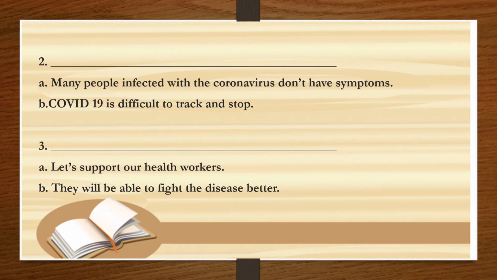For number 2, letter A: many people infected with the coronavirus don't have symptoms. Letter B: COVID-19 is difficult to track and stop. Let's move on to number 3. Letter A: let's support our health workers. Letter B: they will be able to fight the disease better.